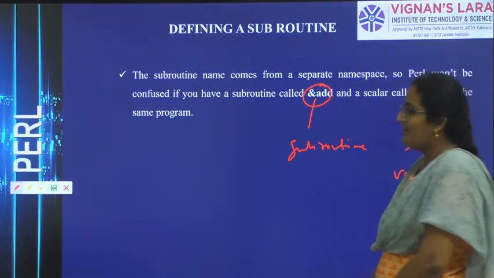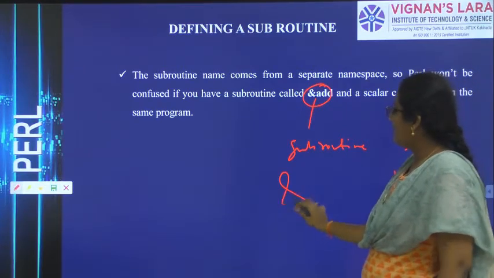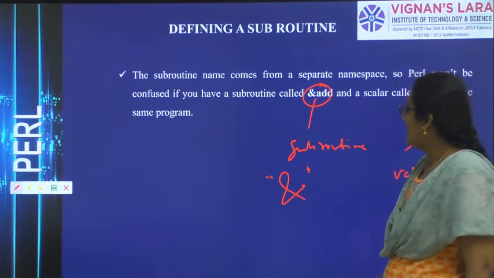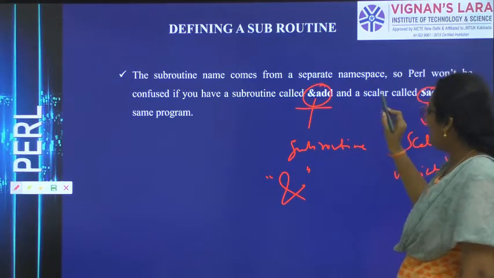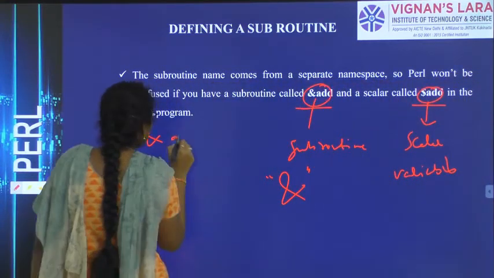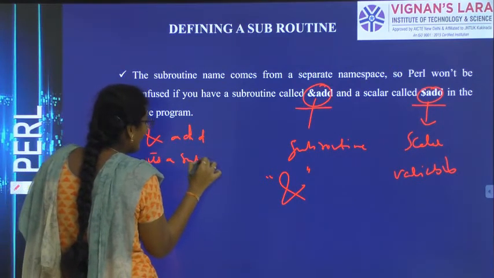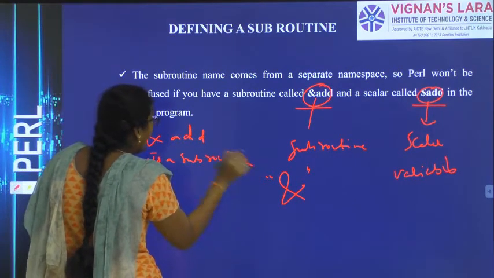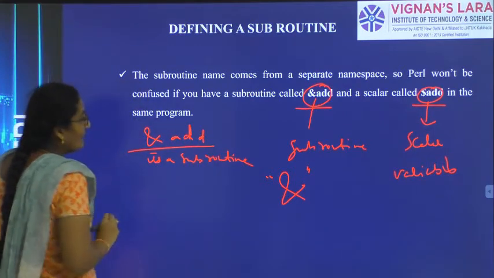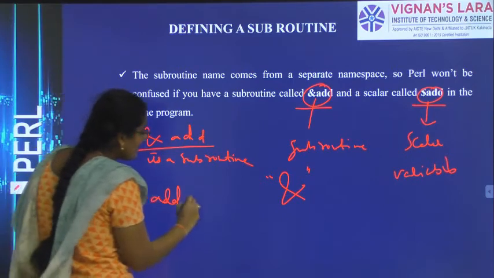In Perl programming, subroutines are nothing but user defined functions. If you want, you can use the ampersand symbol, it is optional. So the Perl interpreter will not confuse between ampersand add and $add, because ampersand add is a subroutine and $add is a scalar variable.